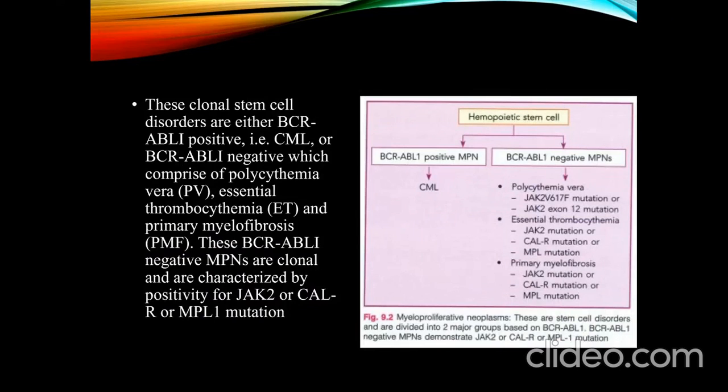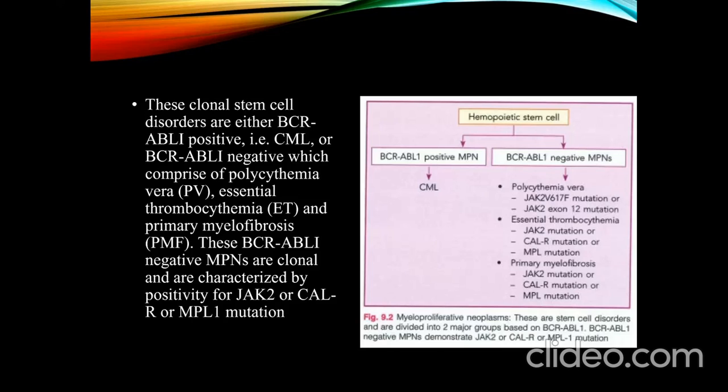Another thing we need to understand is that the myeloproliferative neoplasms are again classified based on whether or not BCR-ABL1 mutation is there. Therefore, the BCR-ABL1 positive myeloproliferative neoplasm includes only CML, whereas the BCR-ABL1 negative myeloproliferative neoplasms include polycythemia vera, essential thrombocythemia, and primary myelofibrosis.